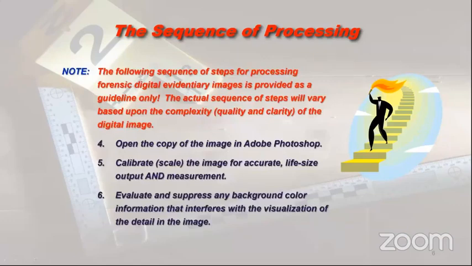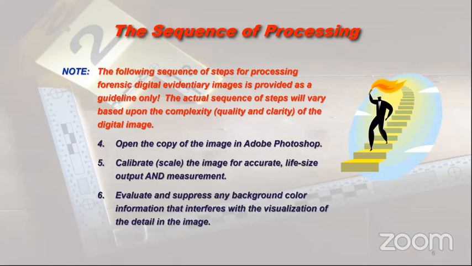So after we've done that process, we want to go through and evaluate or suppress any background color information. And that will then help us to make sure that we can visualize the clarity of the detail within the image. This is where we're going to take advantage of both the resolution in the image for the quality.